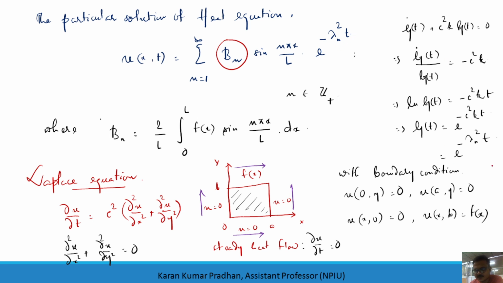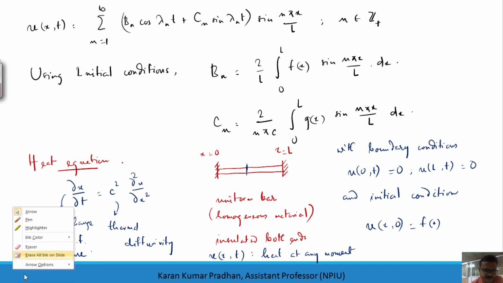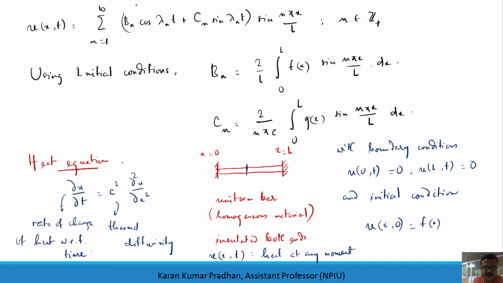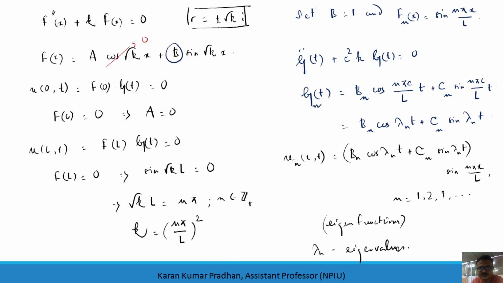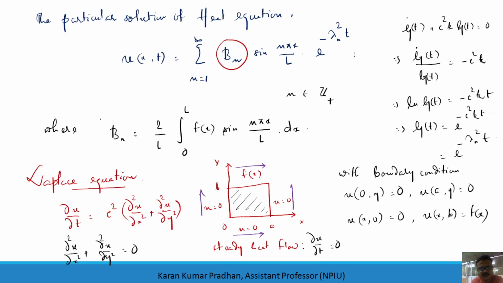I have already explained how you get this. Then in the wave equation you have two different Fourier coefficients, b n and c n, so you will have the cosine and sine, and sine n pi x by l. Try to remember and keep a note of how you get all this, because I have only explained the wave equation, and you can find it for the heat equation and the Laplace equation also. I know you can find it.